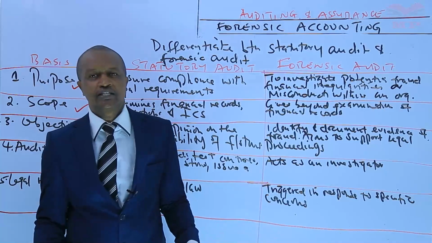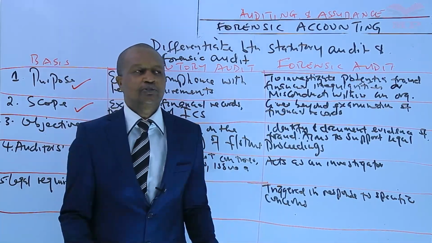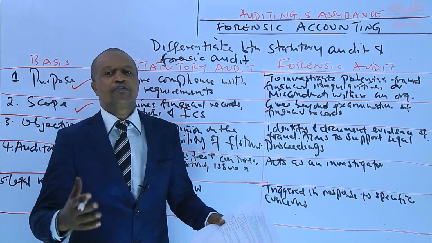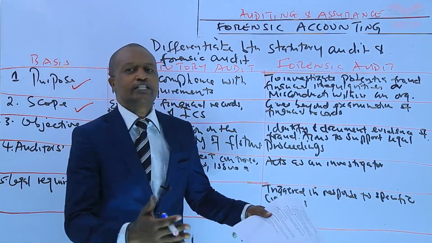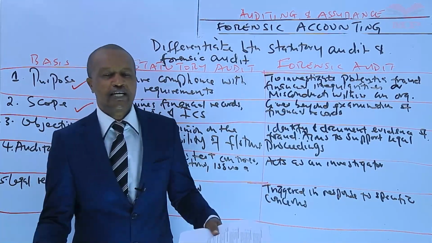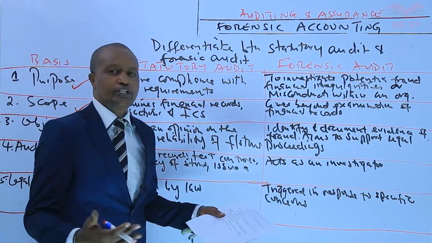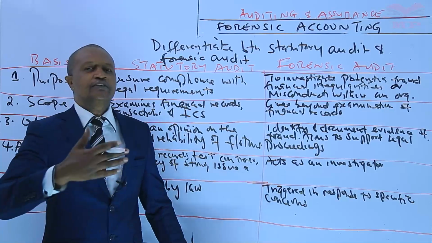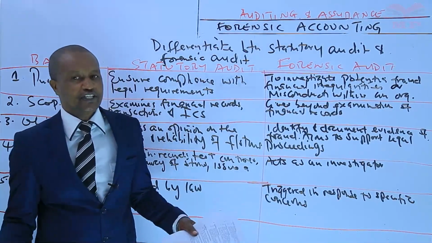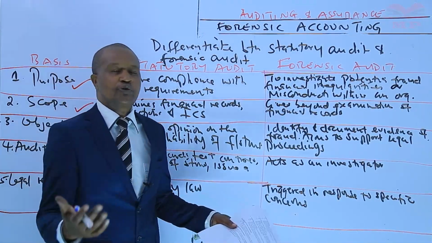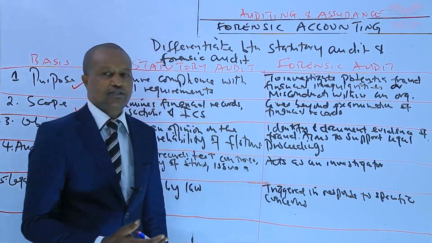Now, in summary, candidates, a statutory audit focuses on evaluating financial statements for compliance and reliability, while a forensic audit involves investigating and gathering evidence related to potential fraud or misconduct.